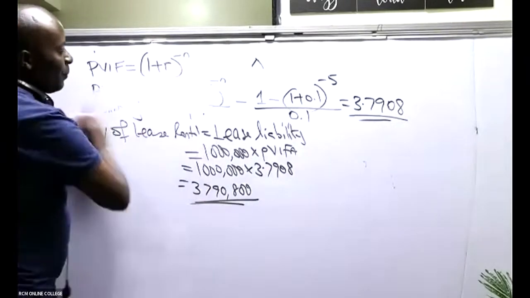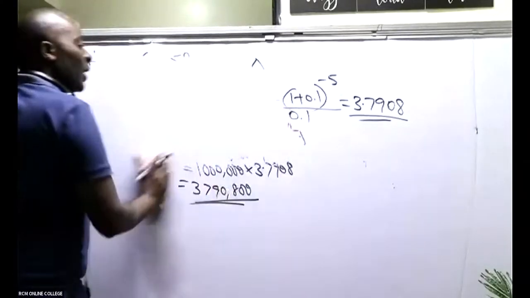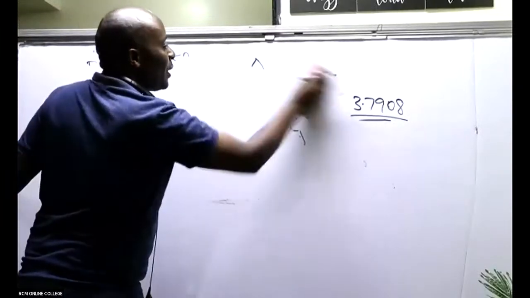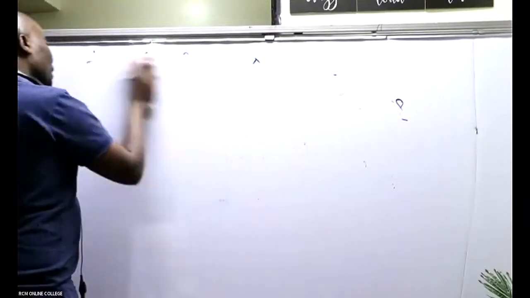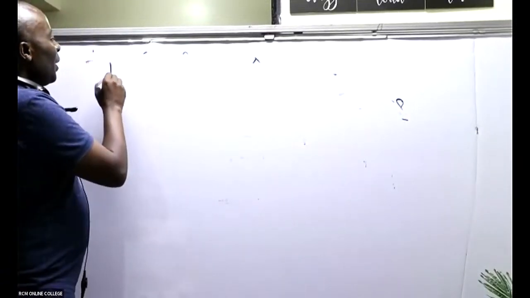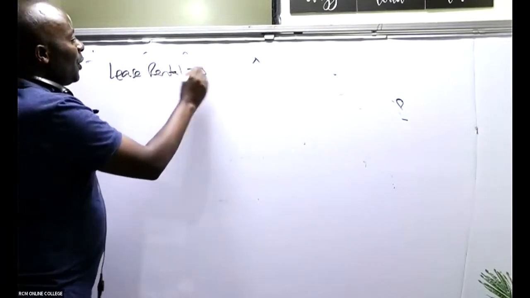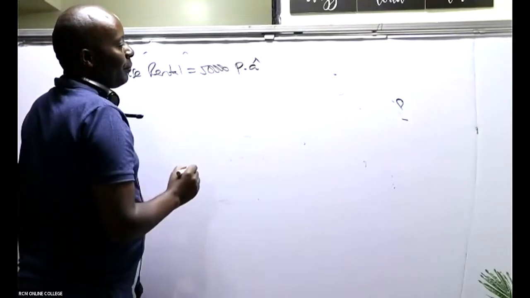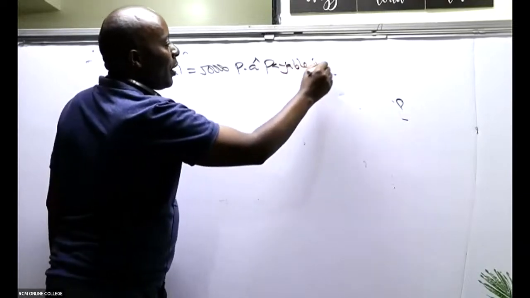But you see again, another trick that I've always seen the AFR, Advanced Financial Reporting, and of course the Intermediate Financial Reporting examiners doing. These examiners, they'll come and tell you the following. That lease rental is 50,000 per annum, payable in advance.